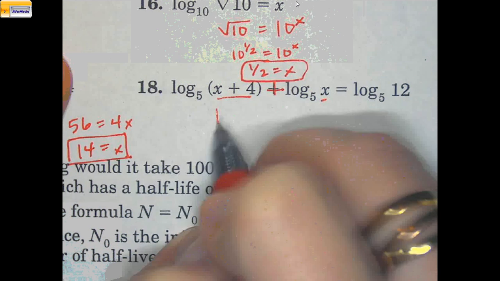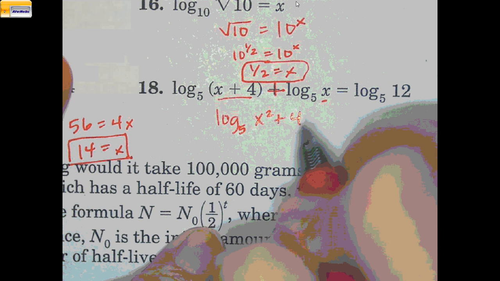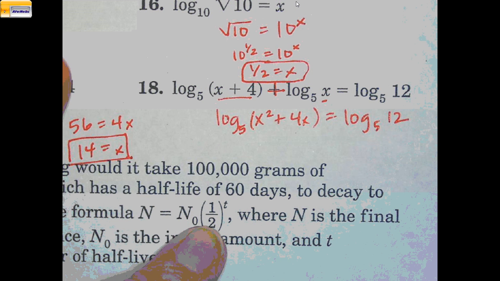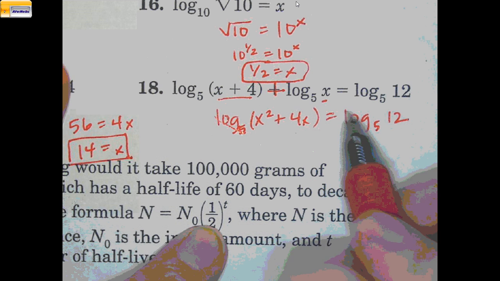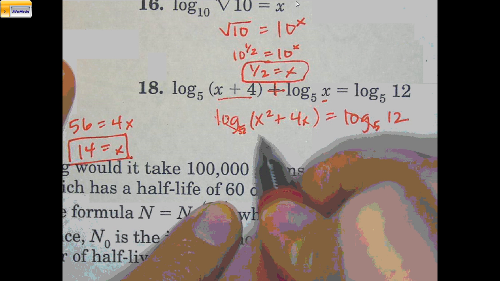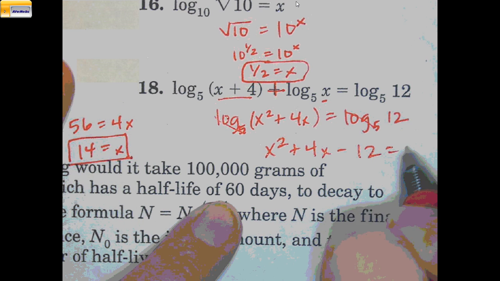So I'm going to distribute, so I get x squared plus 4x, and it's log base 5 of that whole thing. Then you can cancel your logs. But now what? Factor if you can, and what happens if you can't factor? Quadratic equation, and you will have to do that at least once today.